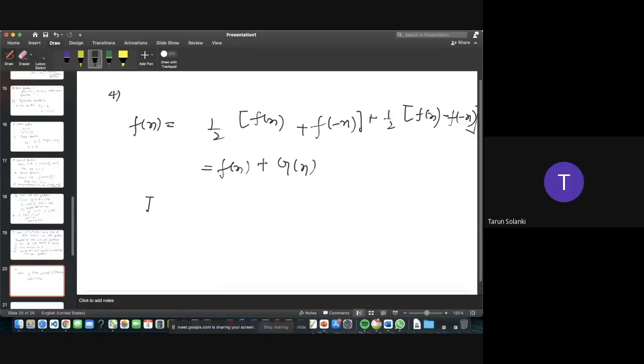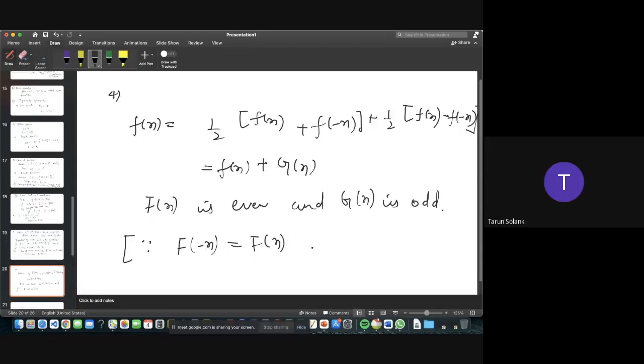So here g(x) is even and h(x) is odd. Okay, so we can say g(-x) is equals to g(x), and h(-x) is equals to minus of h(x).